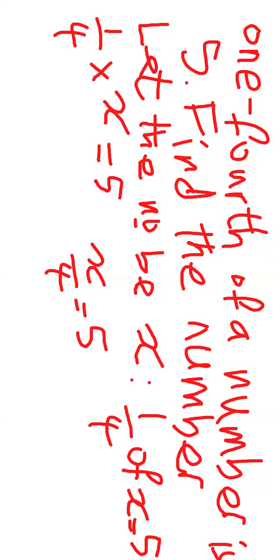So we will now have x over 4 equals 5, and what we're going to do is multiply both sides by 4. Take note, we're multiplying both sides by 4, not 5, because 4 is the number directly dealing with x.